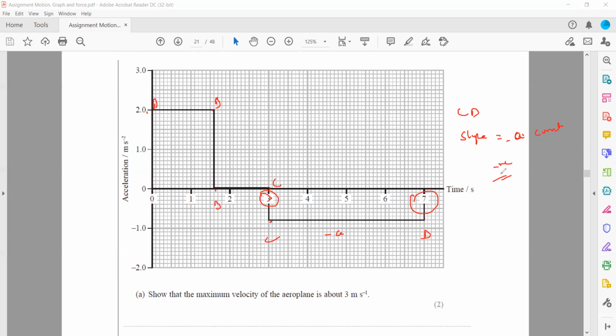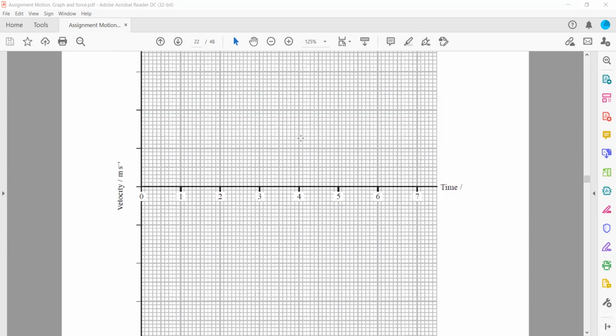So first it was constant acceleration, then no acceleration, and then from 3 seconds to 7 seconds it has a constant deceleration. Because it's a constant deceleration, that's why it is a straight line. If it was a non-uniform deceleration, then it would be a curve. Is it clear? Question 24 part B.